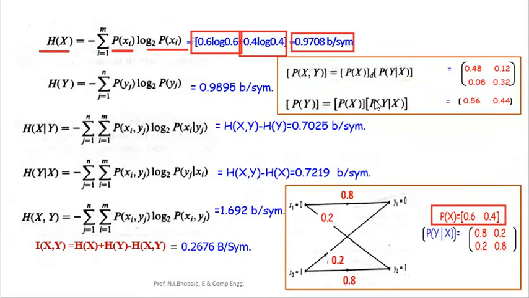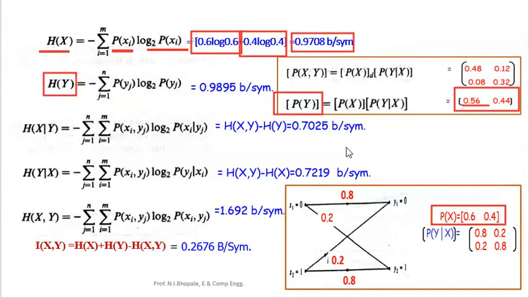Similarly, to calculate the H(y), I will have the values 0.56 and 0.44, that is for the p(y). Once I know the probability of the output, I can easily obtain the H of y, the entropy at the receiver side. Just put in these values: 0.56 log 0.56 plus 0.44 log 0.44.